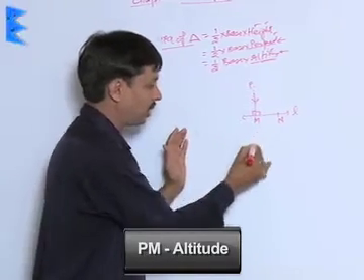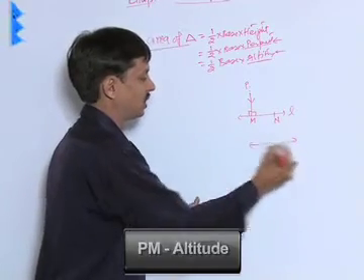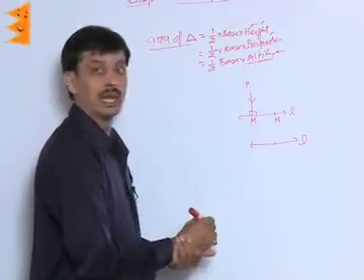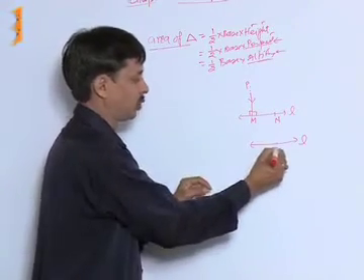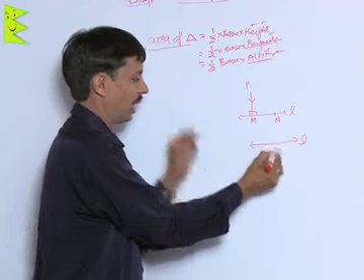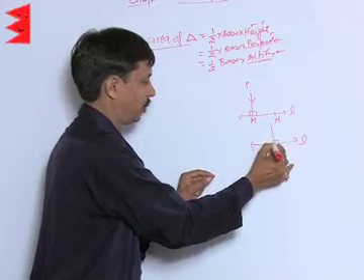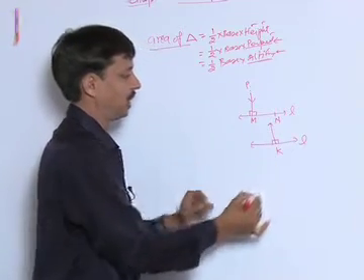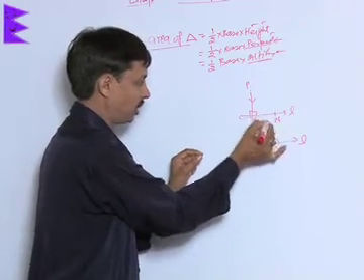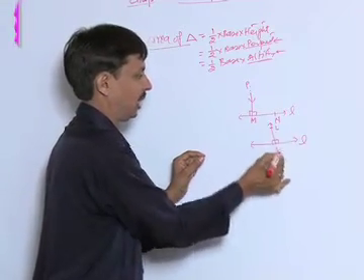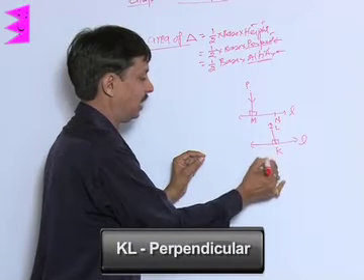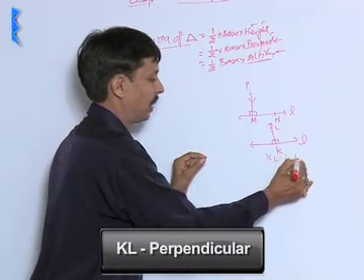Suppose this line is L, and you have a point on the line, suppose the point is K, and you have drawn one line segment, ray or line, making a 90-degree angle from here in this direction, suppose KL. Then this KL is perpendicular.